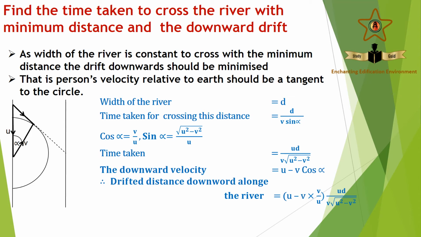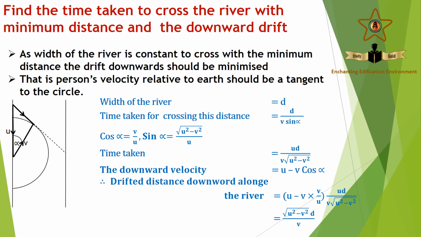That is the time taken. Now when we simplify this, we take u as the LCM, then you will have u squared minus v squared divided by u. That u can be divided by the u in the numerator, and the final result is going to be square root of u squared minus v squared into d divided by v.